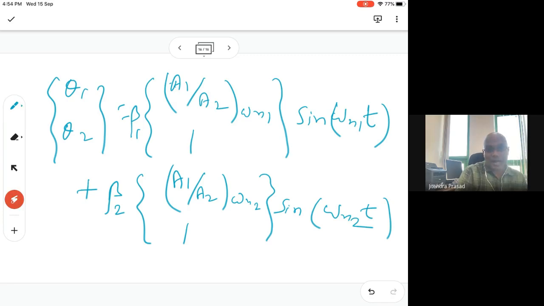Actual vibration will be like this, a combination. And these are the normal modes. This is the first mode, this is the second mode, and the actual vibration is a combination of the two.